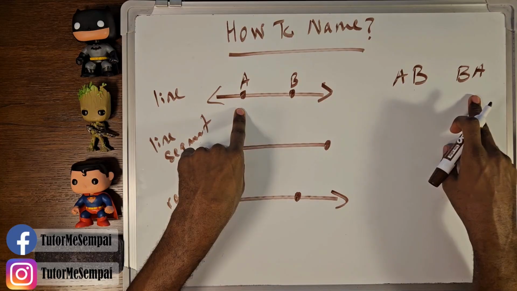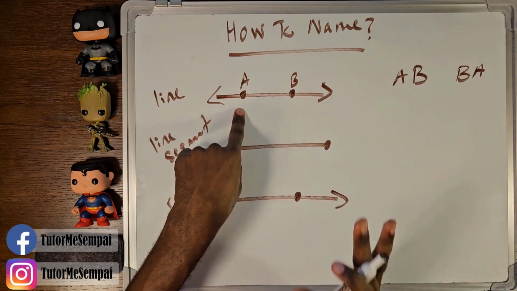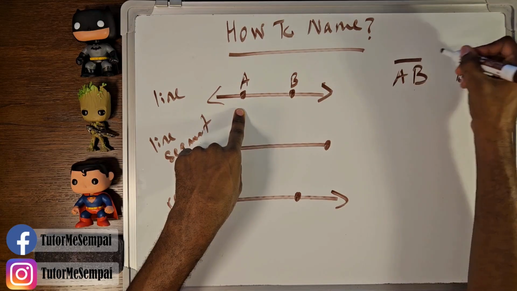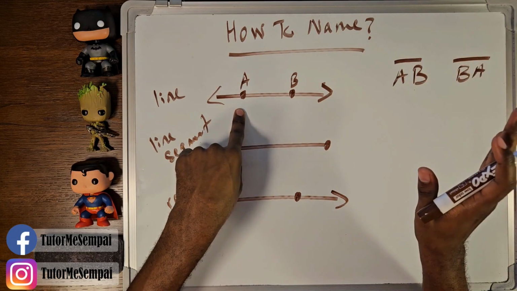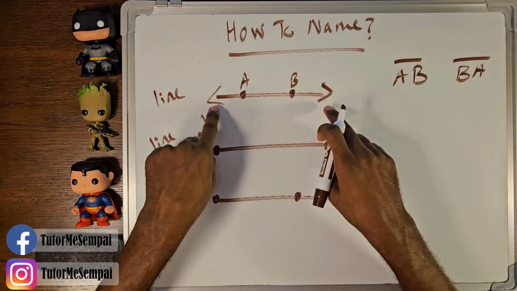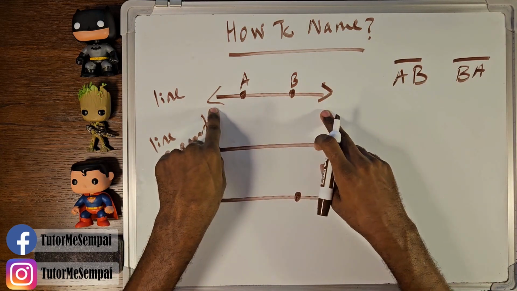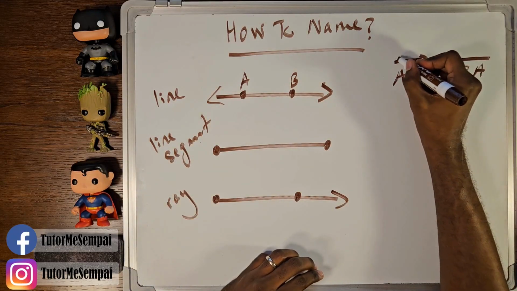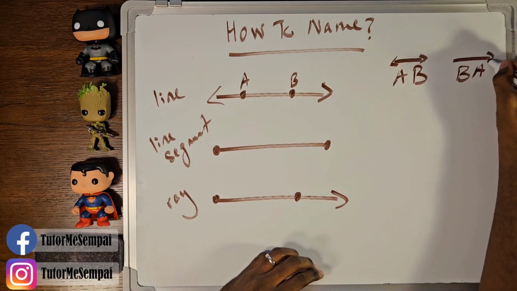But you take your 2 points, put them side by side, make them capital, and you're going to put a straight line over them. However, you're not going to stop there. The straight line has to look like this line. In fact, it needs to look exactly like that line. So make sure you have your arrows on the end.